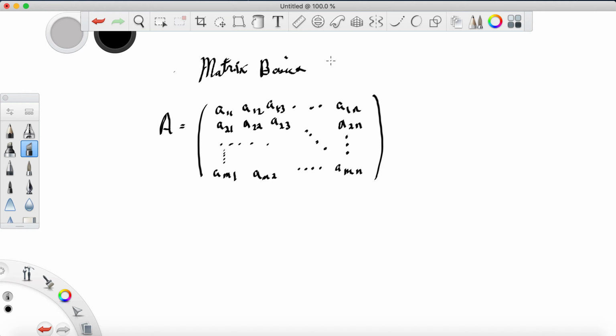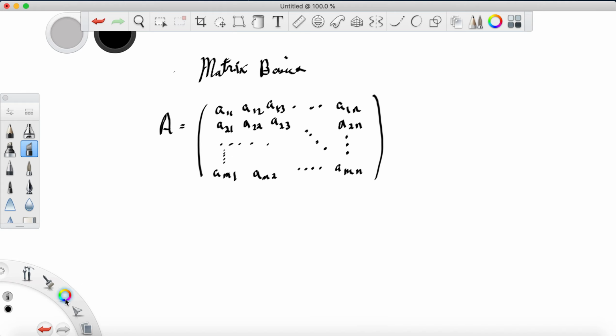First off, note that every vector is a special type of matrix, either a column vector or a row vector. So here we have a generic matrix A, and I've denoted the elements using a lowercase letter a, and there are m many rows and n many columns, and the way we denote an individual element is by its position on this table.